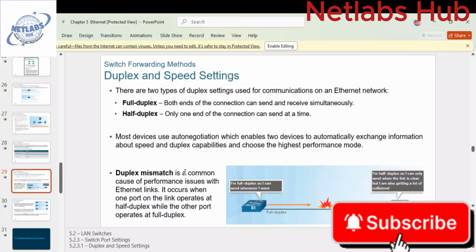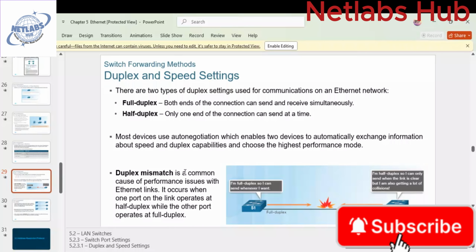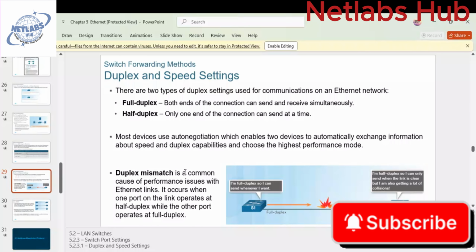So when we've got a mismatch in duplex, you incur network hitches or downtime. If one side of a switch is operating at half duplex and the other switch is operating at full duplex, the connection will not be so good.